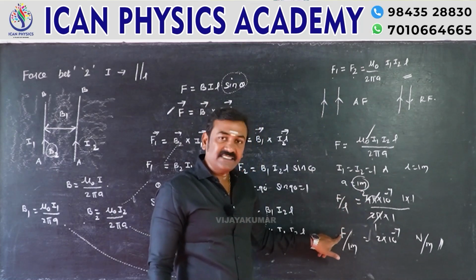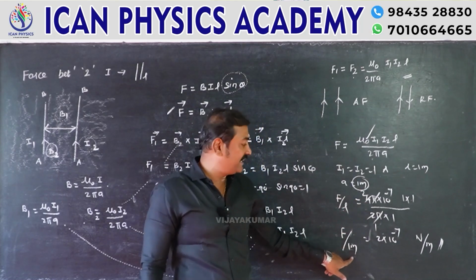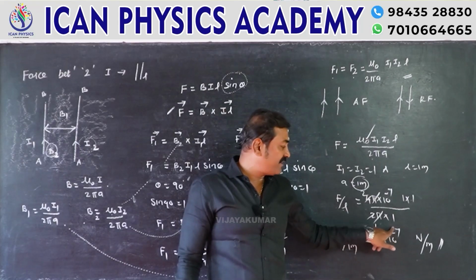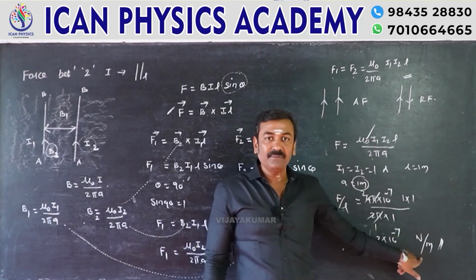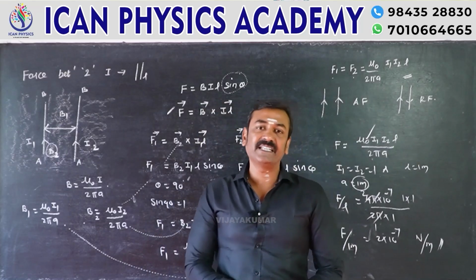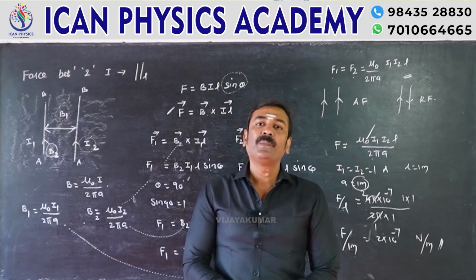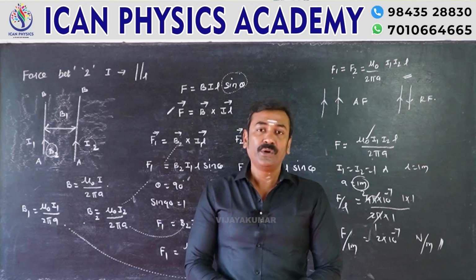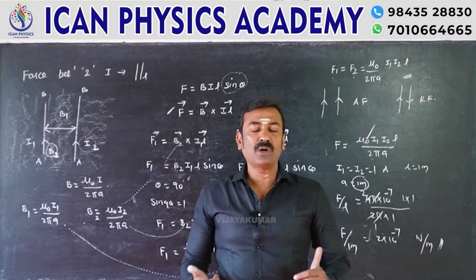It experiences a force per unit length of 2 into 10 to the power minus 7 Newton per meter. That is defined as the ampere, current in terms of force. Okay, do you get it now? Do you have any doubts? No doubts.